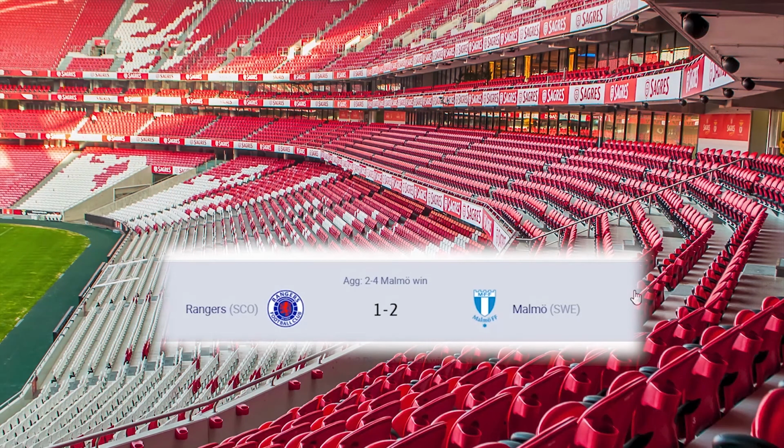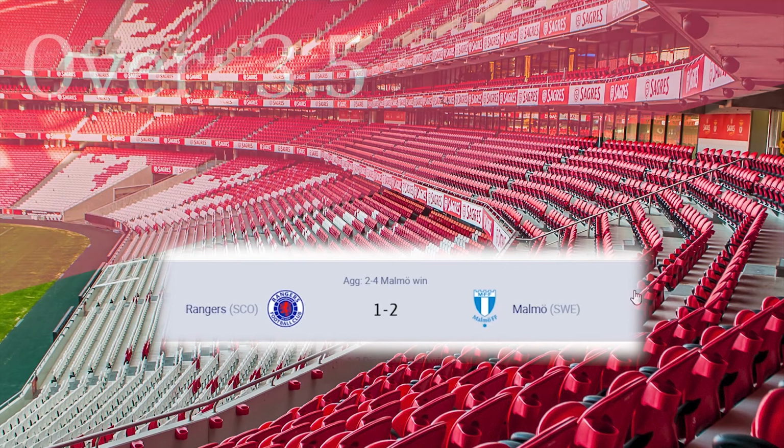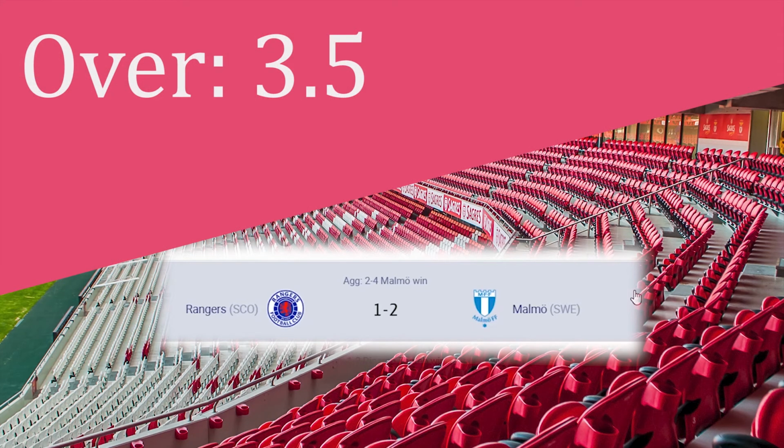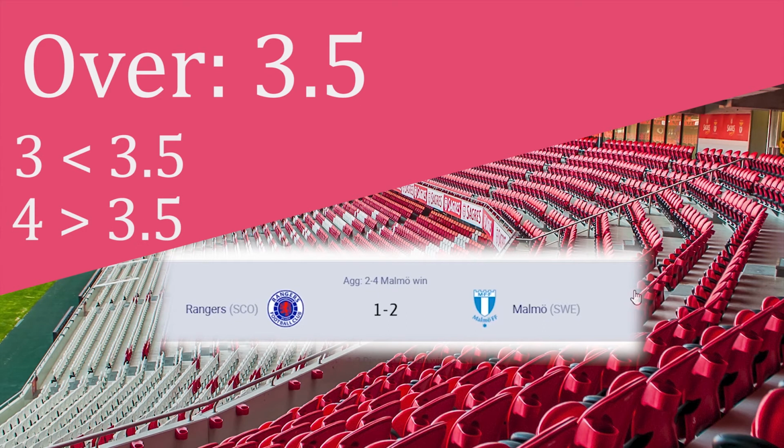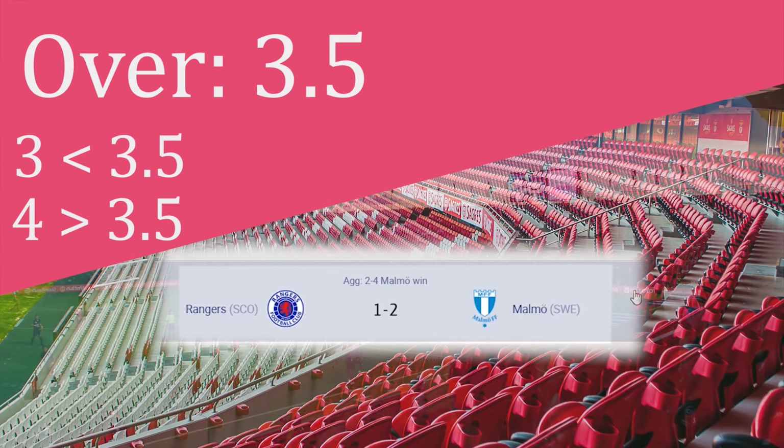To avoid the settlement returned, a lot of bookmakers offer float number values. For example, 3.5. It is impossible to score 3.5 goals in a match. That is why, if it is 3 goals in the game, it is less than 3.5, or if it is 4 goals in a match, it is more than 3.5.